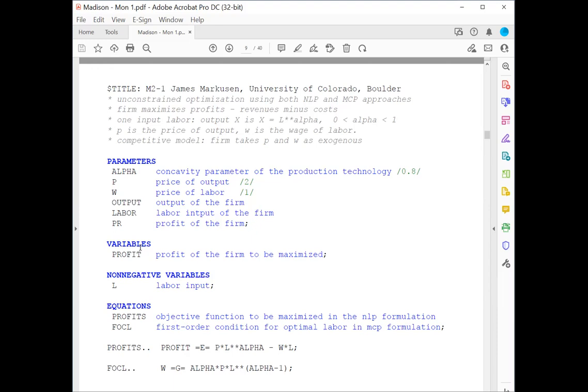A GAMS program typically starts with a set of declarations: parameters, sets, which I haven't gotten to yet, and variables. If you just use the word variable, it means it's unconstrained. You can go from plus infinity to minus infinity. Non-negative variables are constrained to be non-negative.